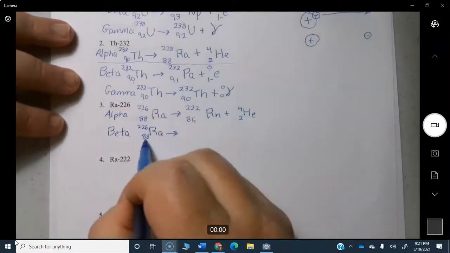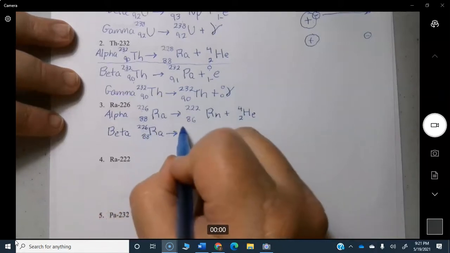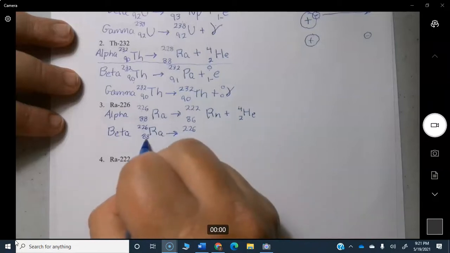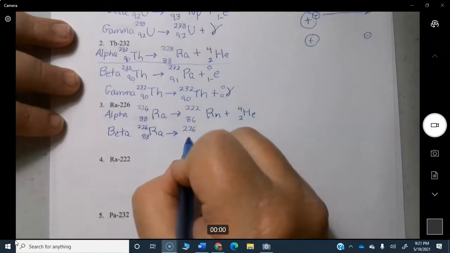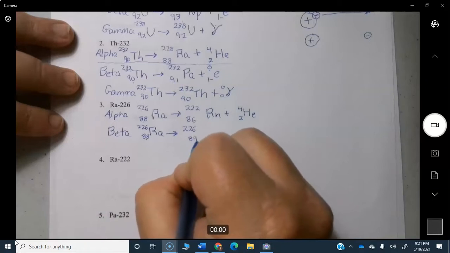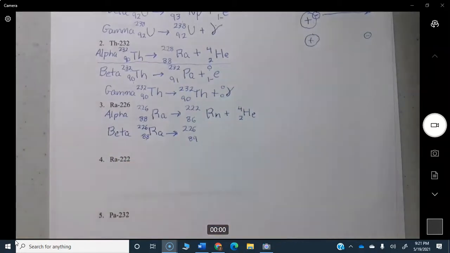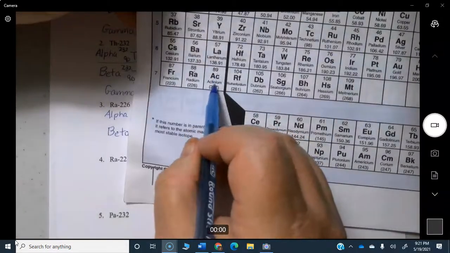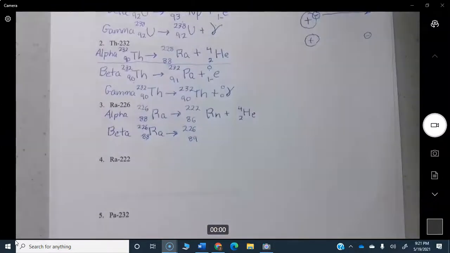Okay. So again, we're turning a neutron into a proton, so the 226 stays the same. But we increase the atomic number of protons by 1. So we have to go find out what element number 89 is. It's right here. It's actinium, right there. Ac.